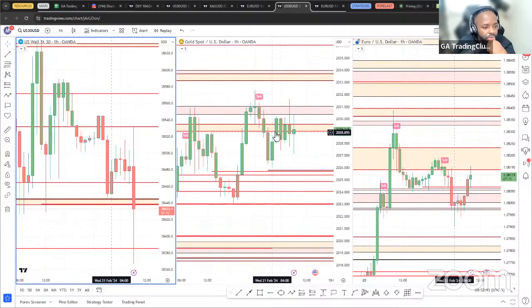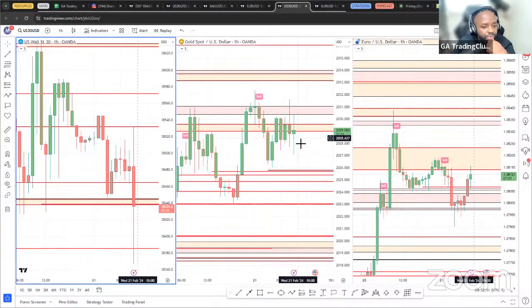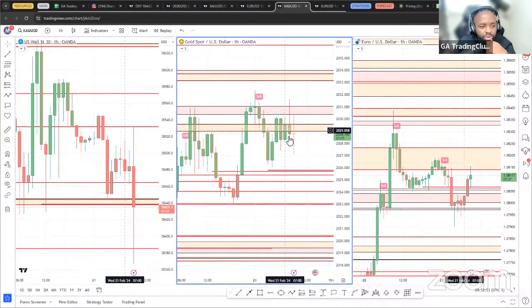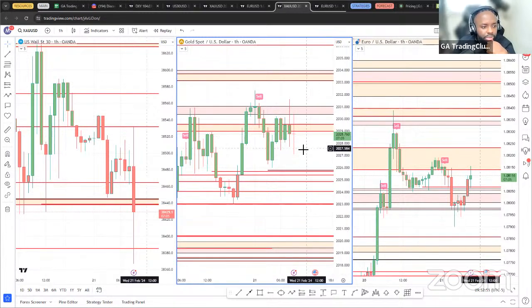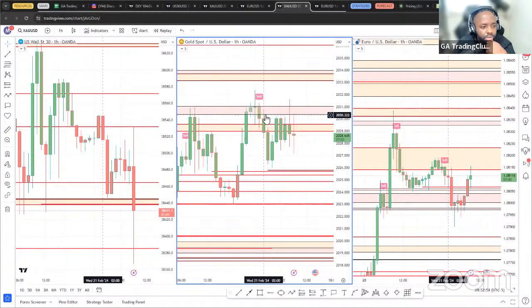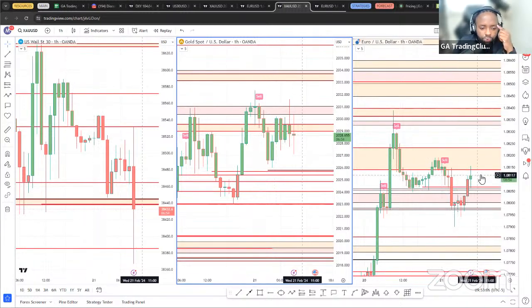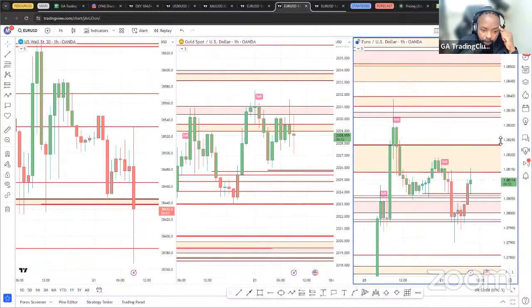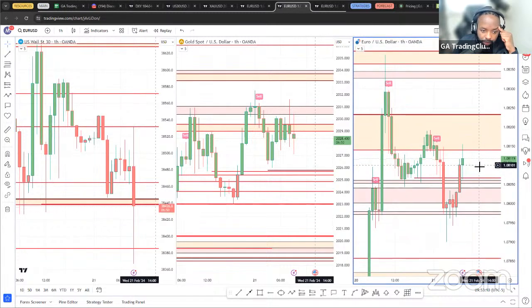For EU, this is a 4-hour zone because it's in red, so never mind about that. On the hourly time frame, there's nothing. I'm sorry, on gold. There's nothing. Let's see. Break continuation. No. For EU that we have here, there's nothing.